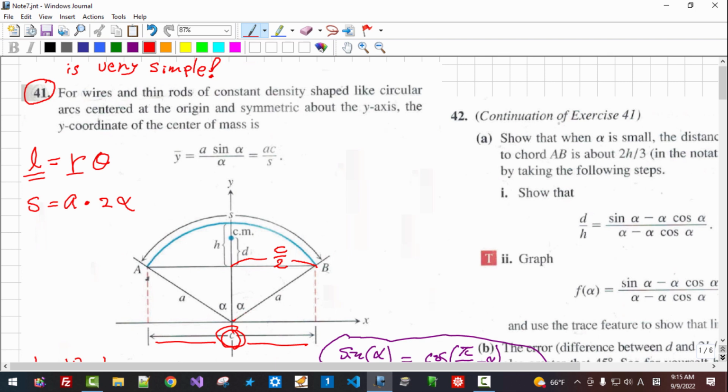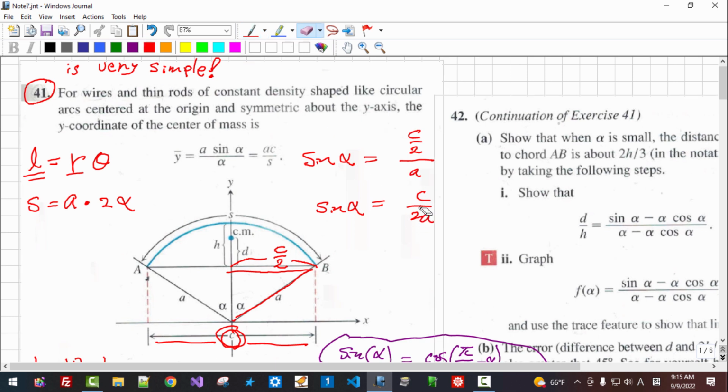So sine alpha equals half C over A, or C over 2A is sine alpha.